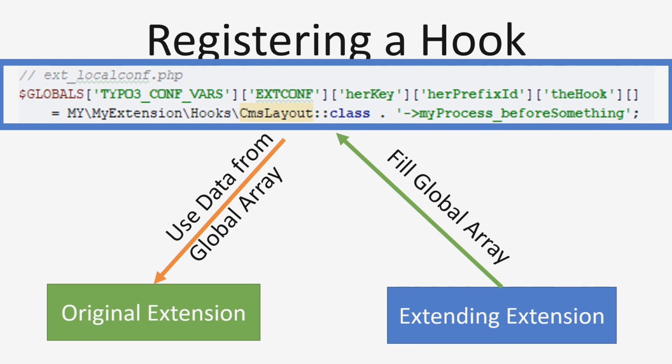Usually the hook itself will be an array, and you just add the last element, which is my hook being called then. But this is just convention. You always have to look at the extension to see how they implemented the hook. And then the original extension will use this data from the global array and will call your function with it.